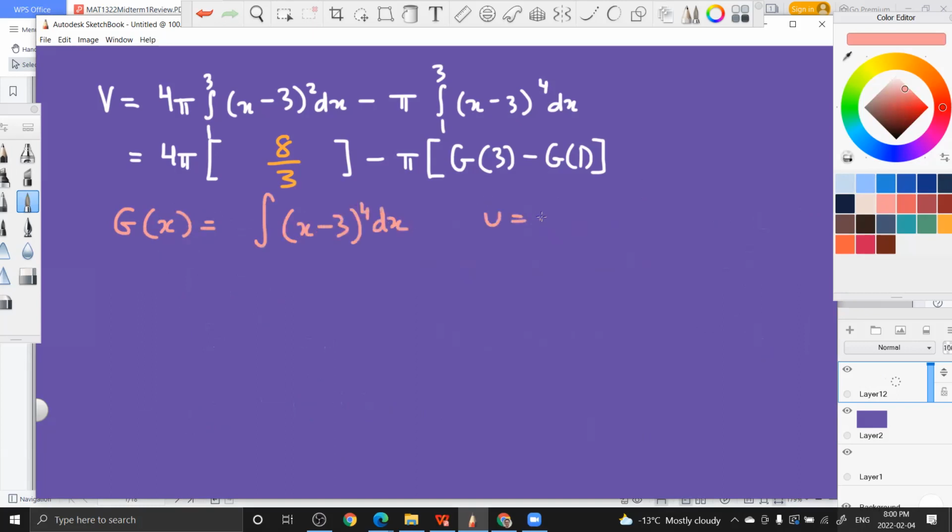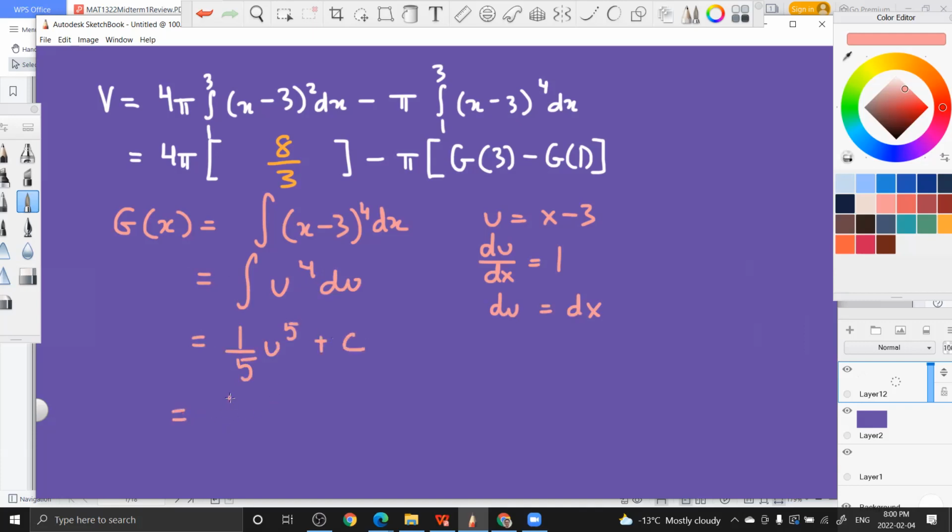So let u equal x minus 3. du over dx is equal to 1, then du is equal to dx. So we get the integral of u to the power of 4 du, which is 1 over 5 u to the power of 5 plus c, which is 1 over 5 times (x minus 3) to the power of 5 plus c. Okay.